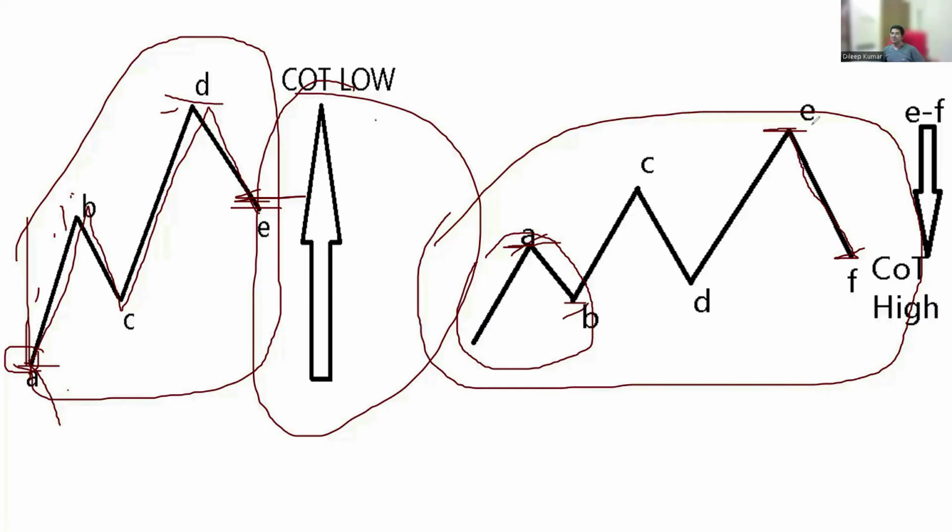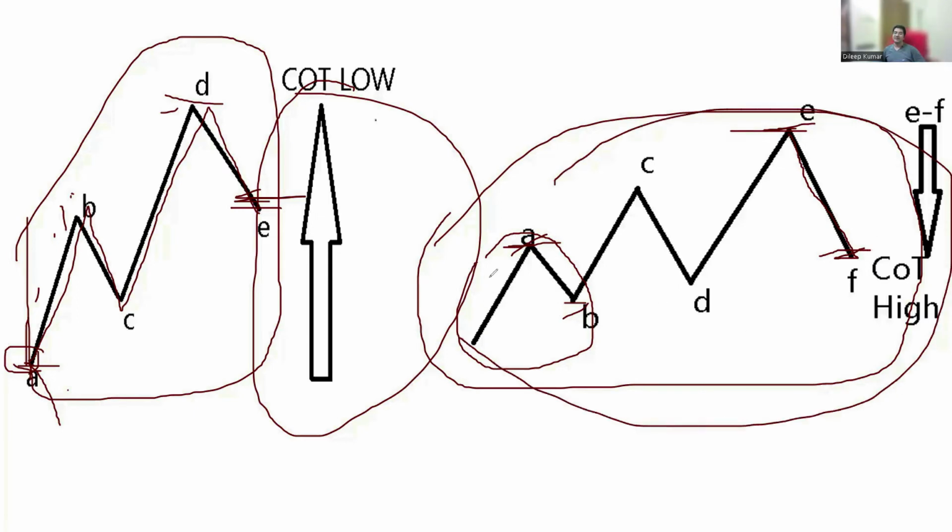We are taking from the highest point to the current price. If you split this 5 minutes into 1 minute, then you will see cart high here, from C to D cart high here, and E to F cart high here, separately.